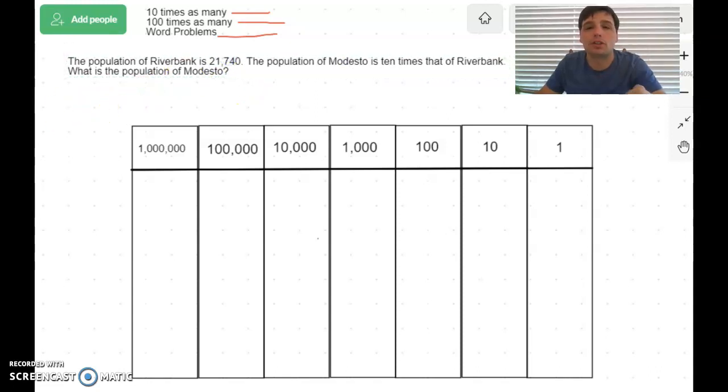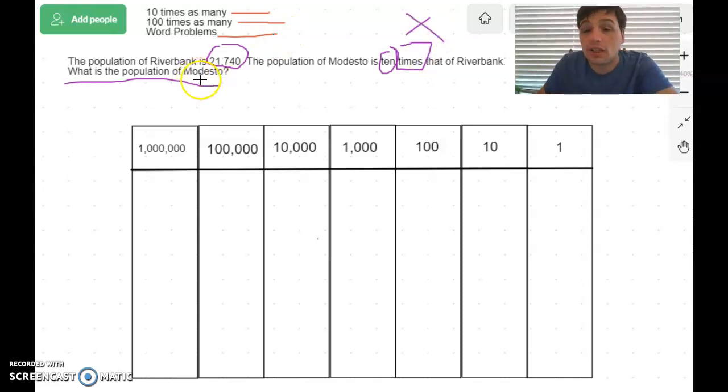What is the population of Modesto? Automatically, I can look for some things. I have my number here, and I have a number here, 10. I have my question, what is the population of Modesto? I have this, times. Times obviously means multiply.